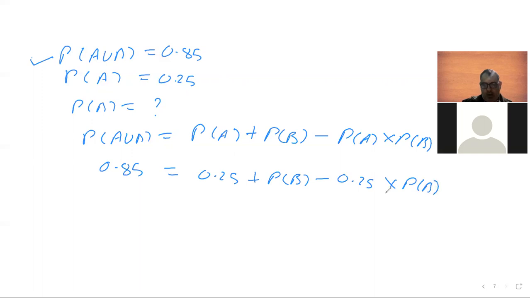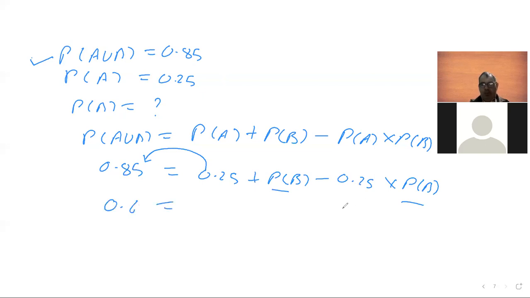Now we have all the values and the only variable is P(B). You can find the answer. How? You do it. Can you show me? What is 0.85 minus 0.25? 0.6.